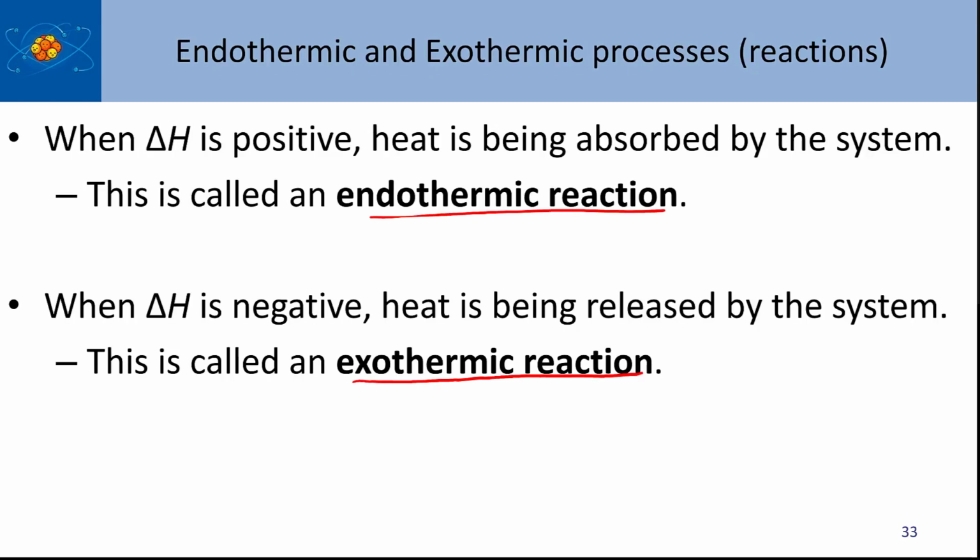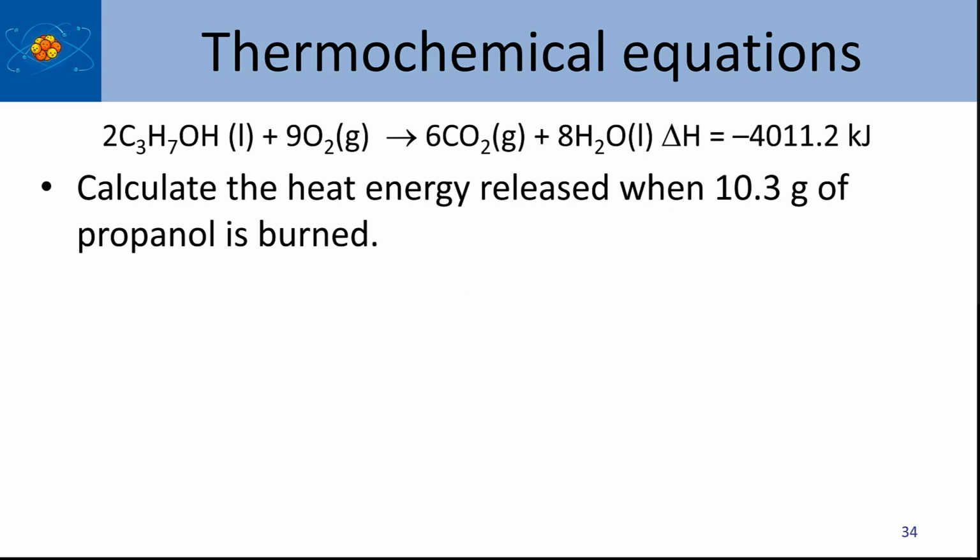One of the properties is that when we say delta H is positive, it's endothermic, delta H is negative, it's exothermic. And one of the properties is also that it's an extensive property of a chemical reaction. And what that actually means is that the amount of energy that you get out depends on the amount of material you put into the reaction.